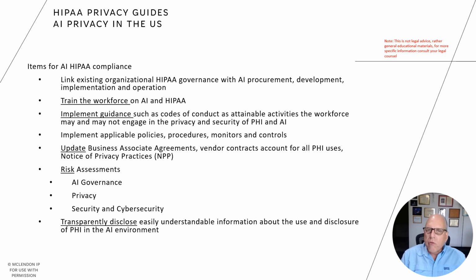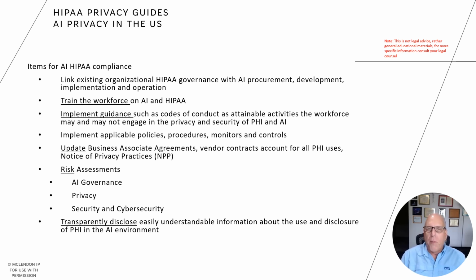Train the workforce on your AI and HIPAA. How do they work together? Make sure that training is performed for privacy and security. Implement guidance such as codes of conduct and attainable activities the workforce may or may not engage in while they're working with privacy and security of PHI and AI in mind.